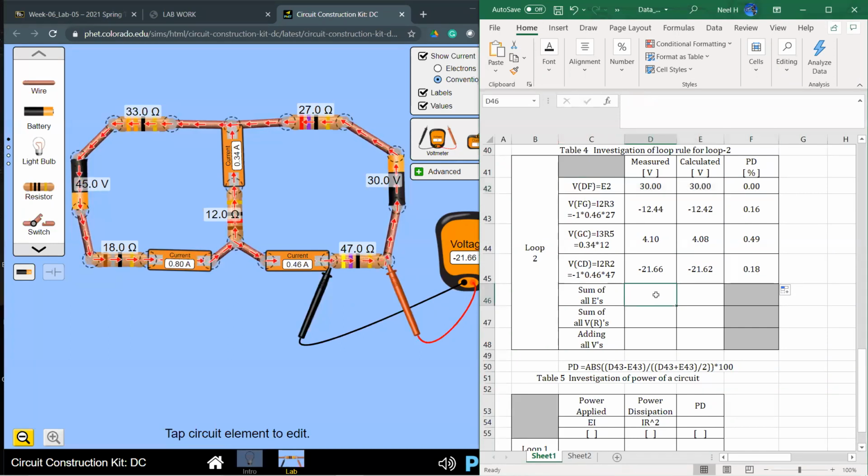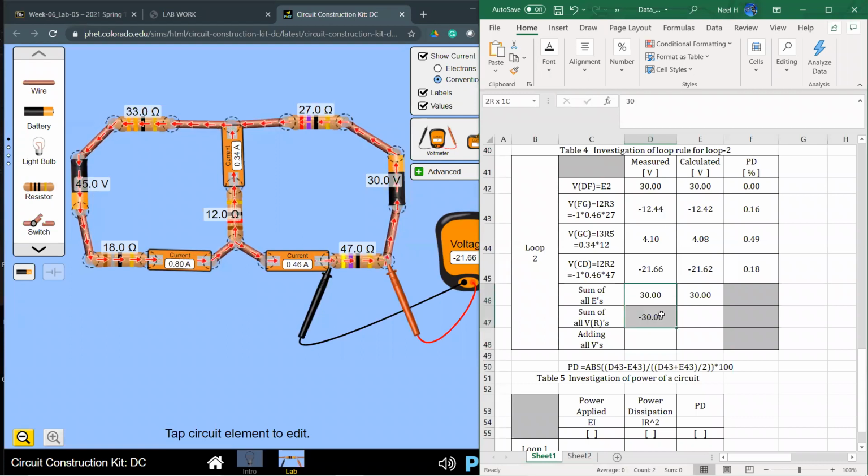Then let's check the loop rule for this loop. So I need all the voltages given, that is the battery voltage, 30. Calculated doesn't matter, the battery voltage is only the given number, we can't do anything. But the sum of all the voltage drops across resistances, we can do with the measured and the calculated separately, okay? Adding these three numbers again, D43, 44, and then 45 together. Those are the voltage drops across all three resistances.